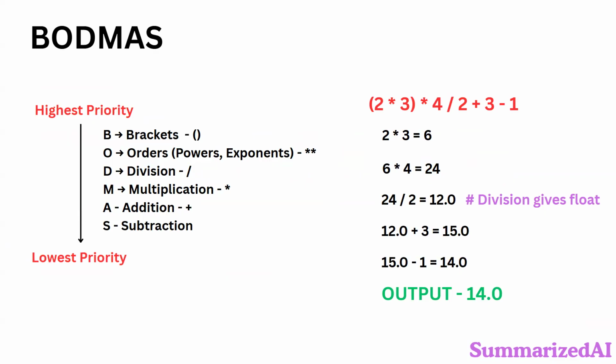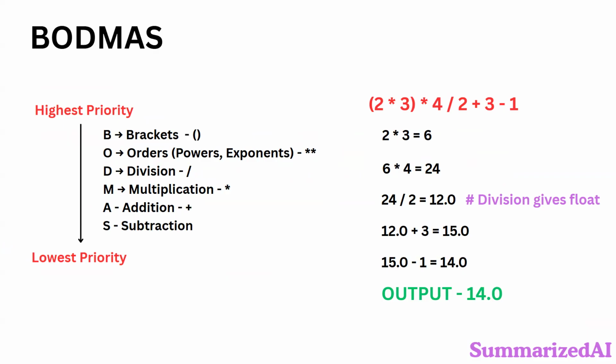BODMAS stands for brackets, orders, divisions, multiplications, and additions and subtractions. It's a set of rules used to determine the order in which mathematical operations should be performed to accurately evaluate an expression.